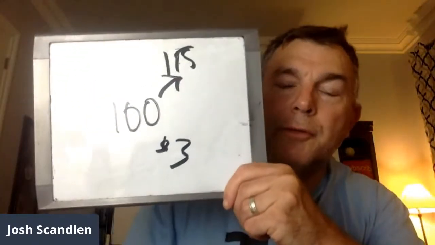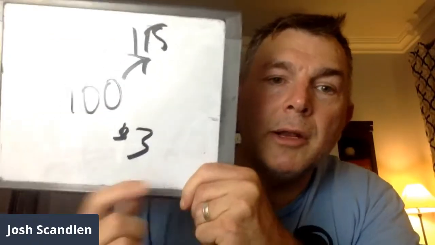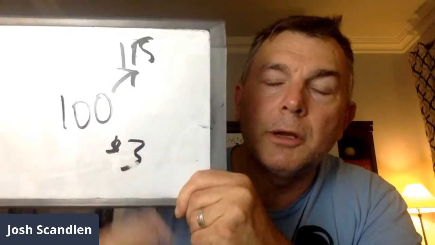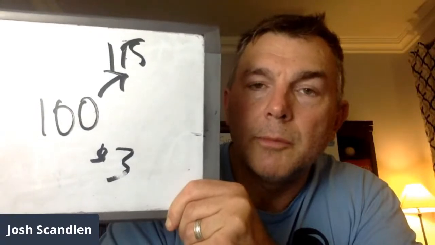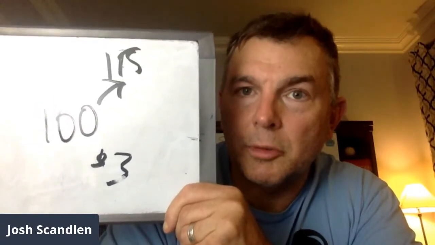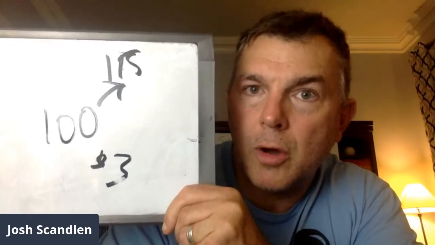I'm going to profit by the premium he's given me, which would be roughly $3, depending on the volatility. So I'm going to pocket $300, because a $3 covered call is equivalent to $300. But for simplicity, we're going to go back to $3 per call.